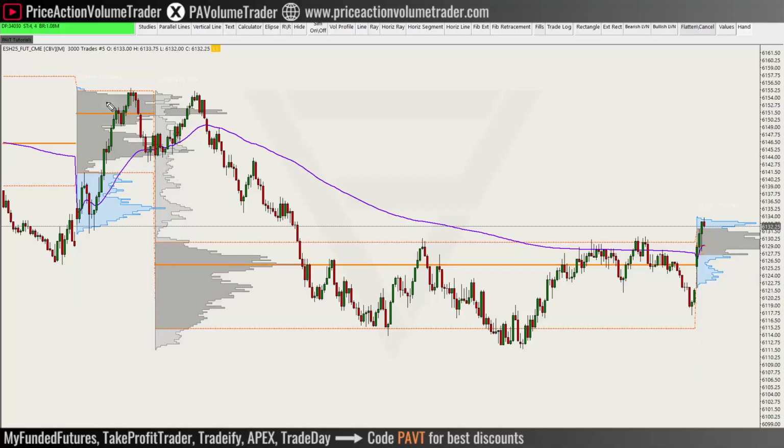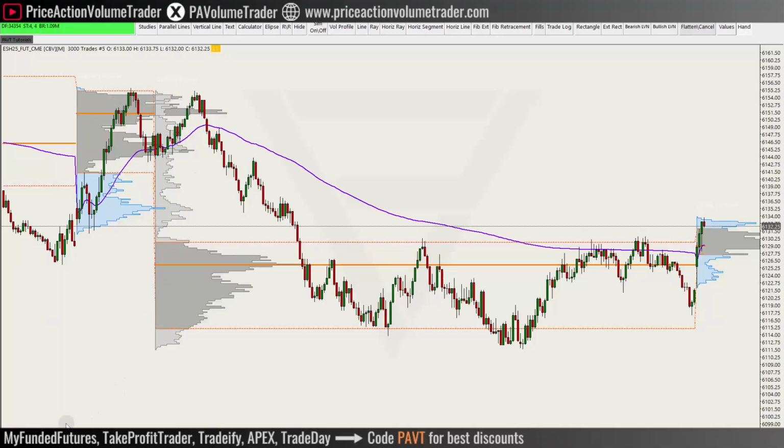Now, if you wanted to trade extended trading hours, you could just go to a lower tick chart. So maybe you can go down to 300, for example, instead of 3000 like I use for the regular hours. But honestly, I don't really like trading when the market has very little volume activity.